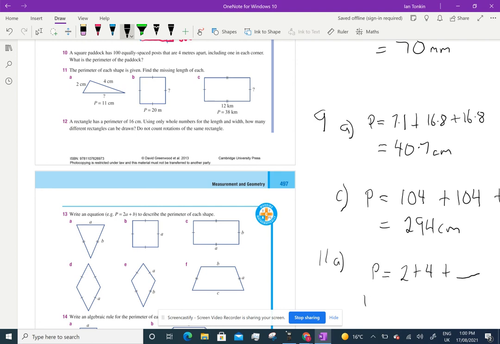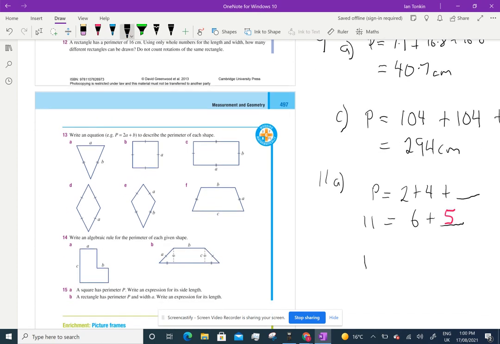But they tell me that the perimeter is 11, and 2 plus 4 is 6. I wonder what number I have to add there to make that 11. And if you go, 5, you'd be right. Some smart people might even go, 11 minus 6 equals 5, and get their answer that way.